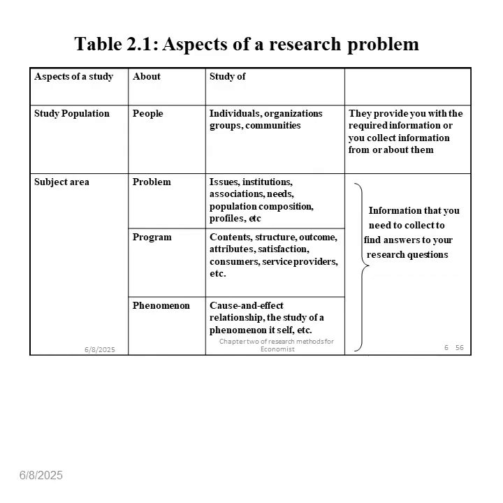According to the following table, aspects of the research problem. First of all, aspects of the study: about, study of, and the like. When we see the first one, study population is people, the study of individuals, and we can study individuals, organizations, groups, communities.